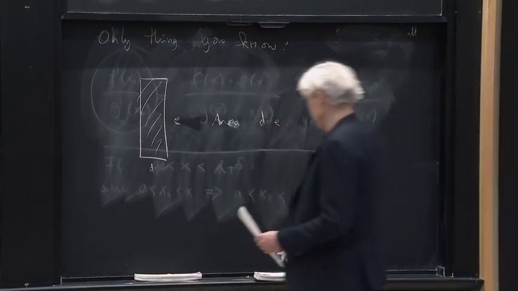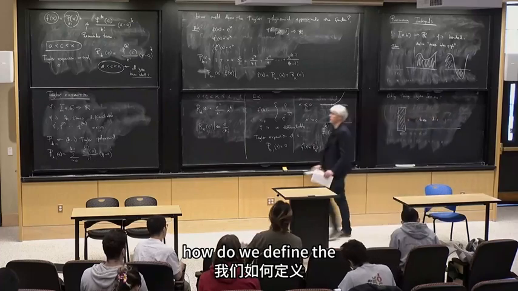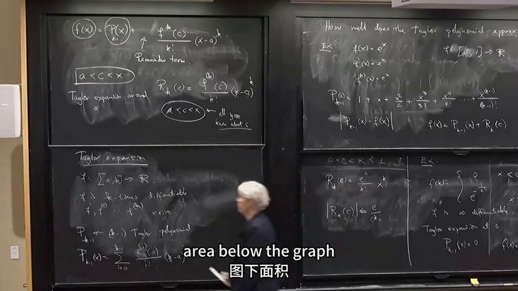So now, how do we define the area below the graph?